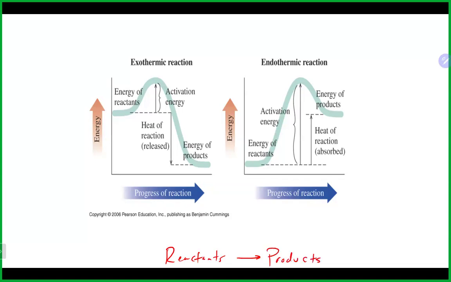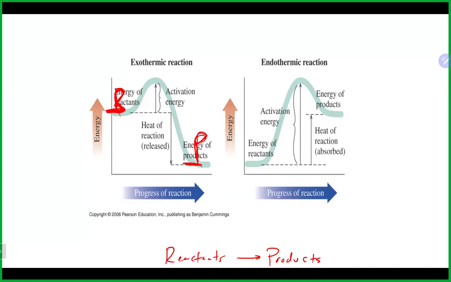So when we look at an energy diagram such as this, two important things to find and isolate are where the reactants start, so I'll just put a big R right there in terms of energy, versus where the products are in terms of energy. And in the case of an exothermic reaction like we see here on the left-hand side, our reactants are much higher in energy to start with than our products.